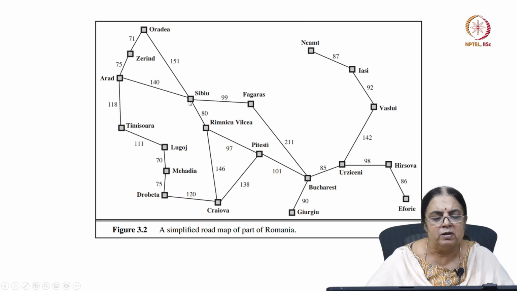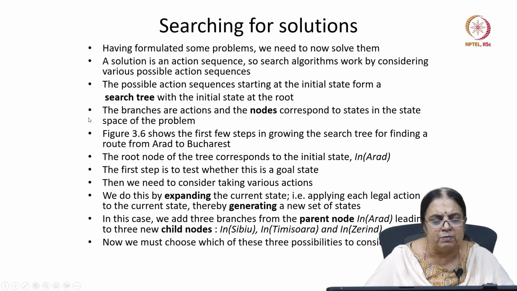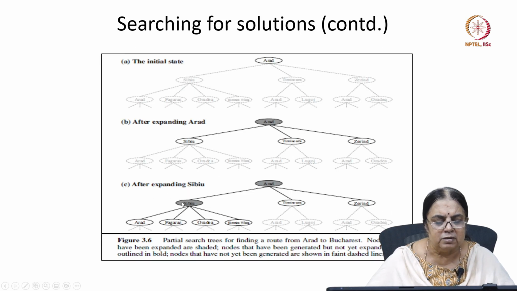From here you can go to this place, or this place, or this place, or you can go back to Arad. There are four possible routes from here. So when you expand RBU, you are going to get these four nodes.